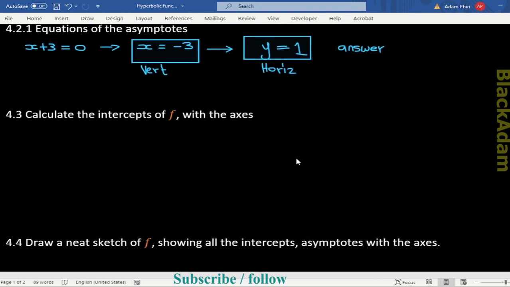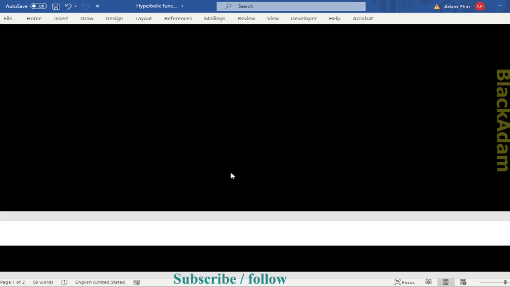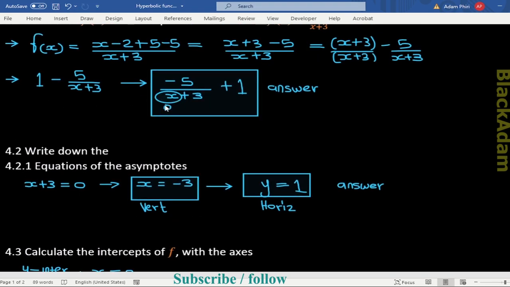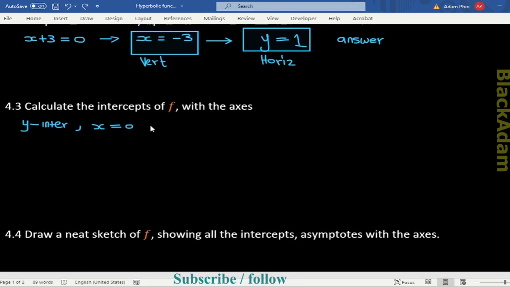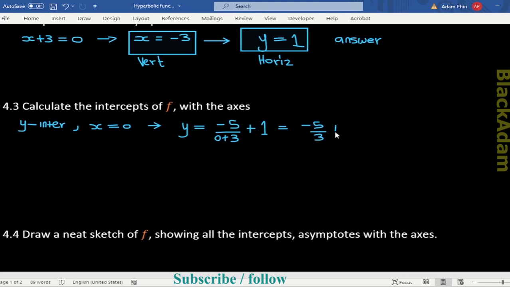And then 4.3 says calculate the intercepts of the graph f. For the y-intercept, x has got to be 0. So we go to the equation, negative 5 over x plus 3 plus 1, so y equals negative 5 over 0 plus 3 plus 1. That gives us negative 5 over 3 plus 1.